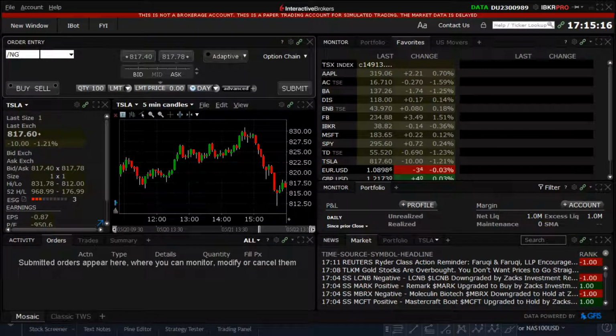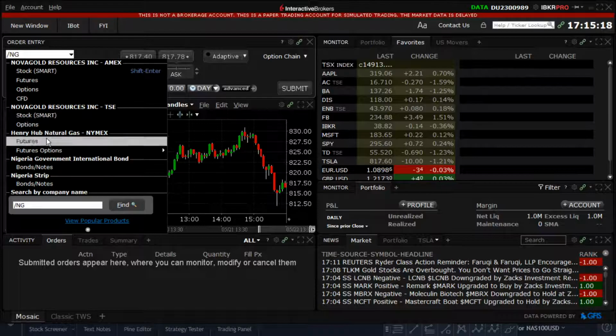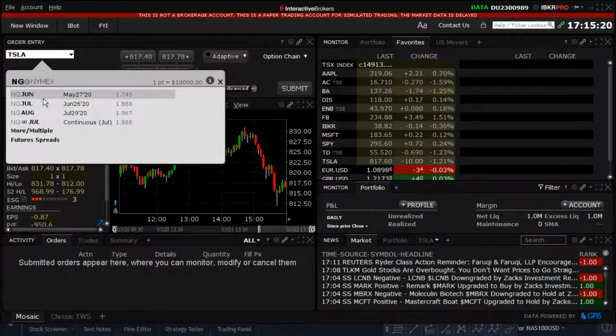If we look at NG, that would be the futures contract here. We can see the June contract is 1.74, and August is 1.97. The reason it's different is that natural gas is a seasonal commodity and moves differently throughout the year based on temperatures.